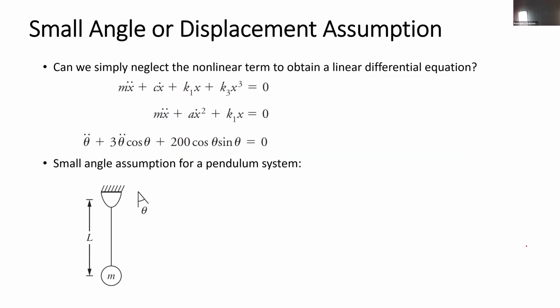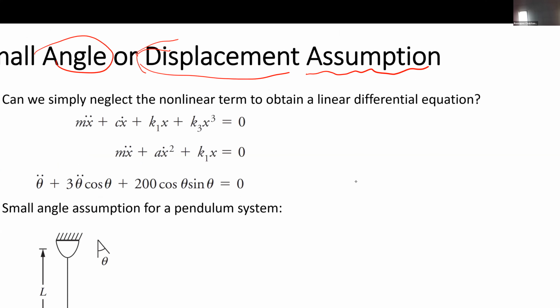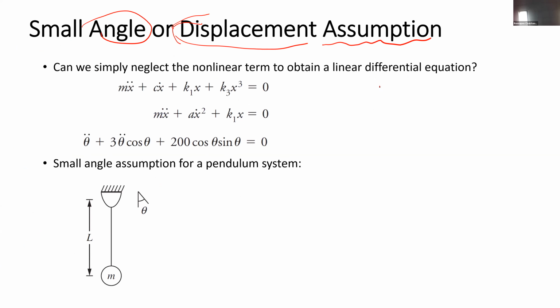On this slide, we are talking about the assumption of the small angle and the small displacement. Before this, we talked about m x double dot plus c x dot plus k x equal to f(t).